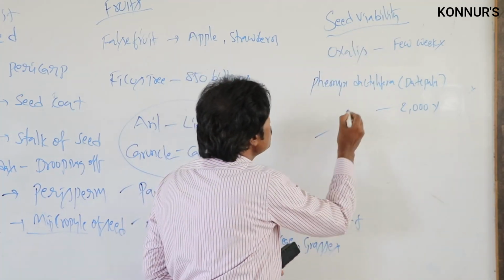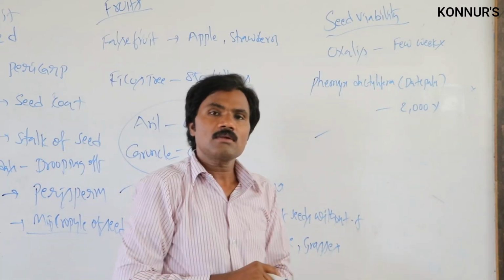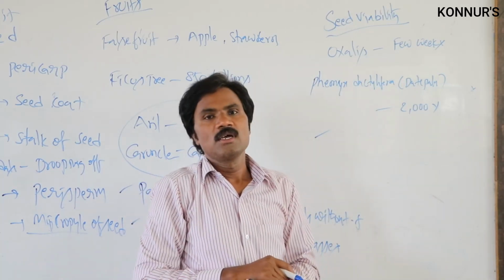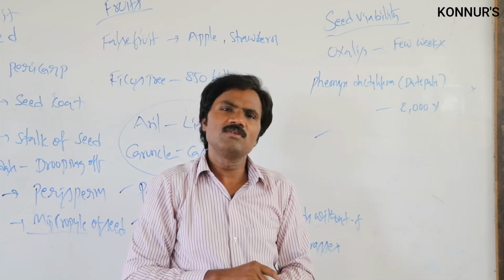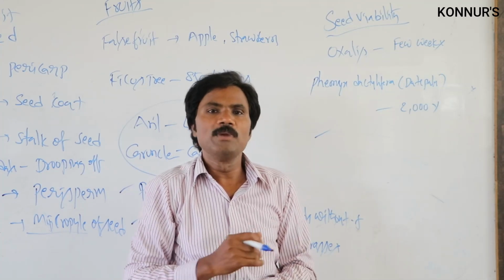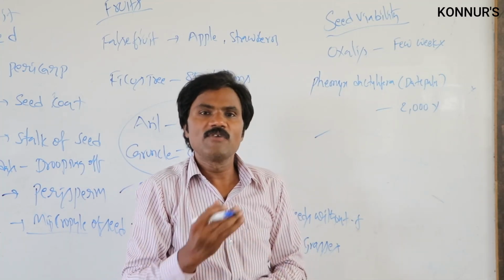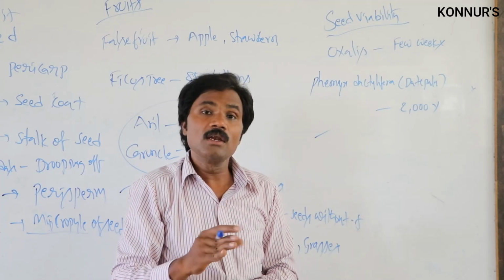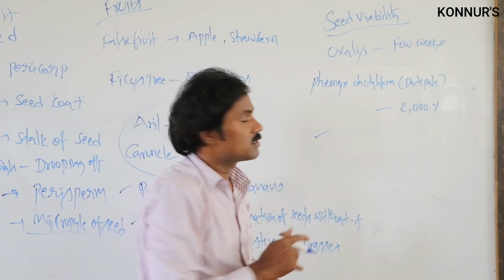Then apart from this, Lupinus seeds, also one type in the Fabaceae family, lupine under Fabaceae, will last nearly 10,000 years.